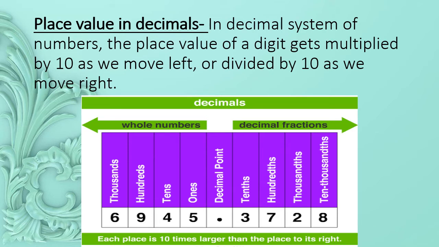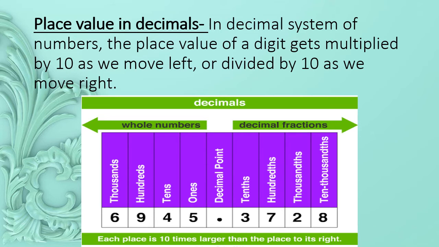Means if we move from the ones place to the tens place, the number is multiplied by 10, and when moved to hundreds, then again multiplied by 10. So if we move to the left side, the digit is multiplied by 10, whereas whenever we move to the right side after the decimal point, it will be divided by 10, not multiplied.